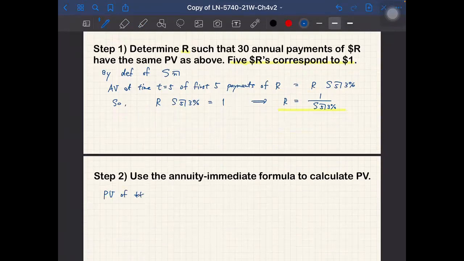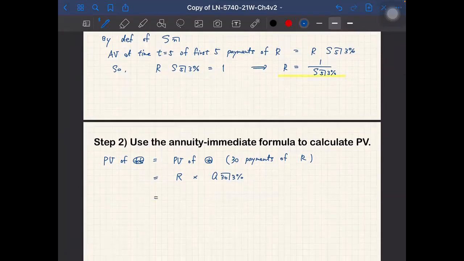The present value of this cash flow is the present value of 30 payments of R. And this is, by definition of annuity immediate, R times a angle 30 at 3%. And R was 1 over s angle 5. So this becomes a angle 30 over s angle 5.